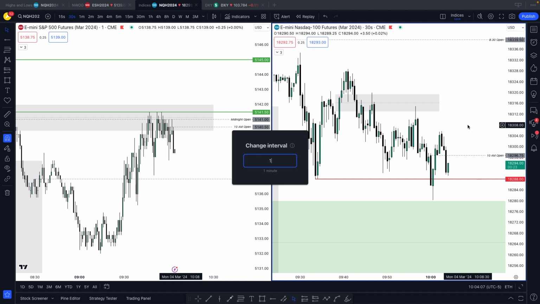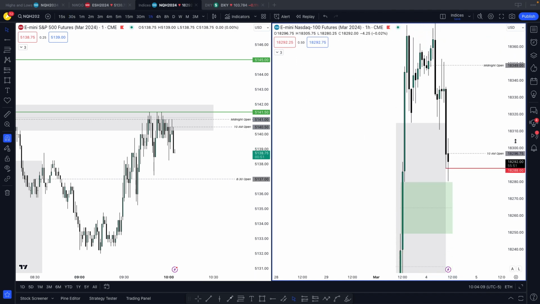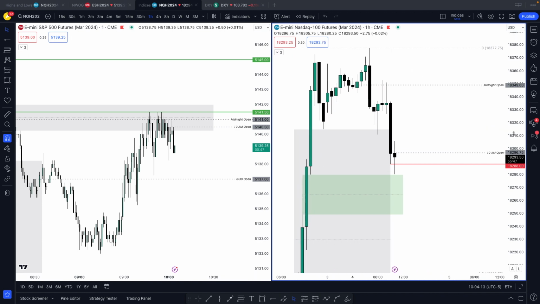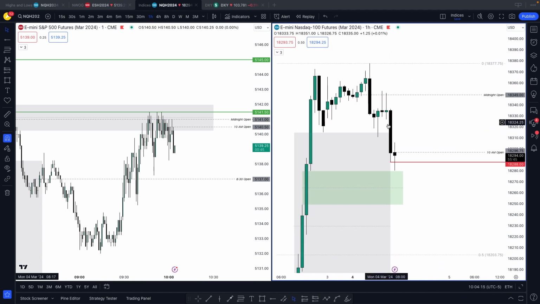So you can see I'm kind of using the idea of a SIBI being created to help shape the framework as well. So I don't have a fair value up here yet. I don't have a SIBI yet on the hourly chart, but we're displacing lower.